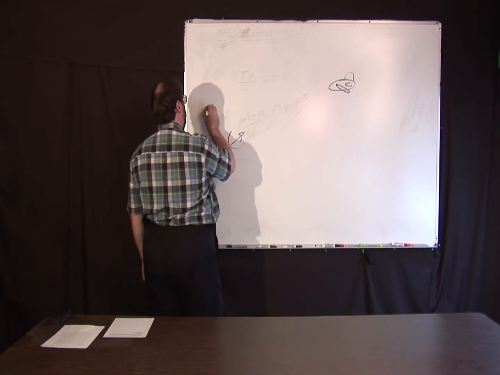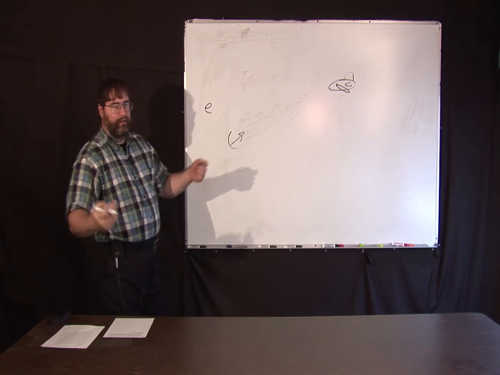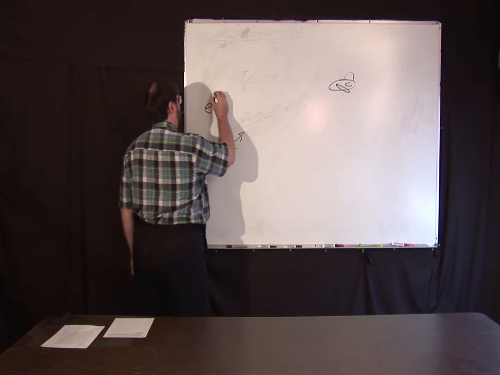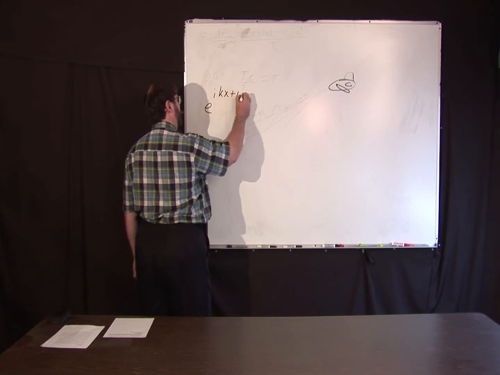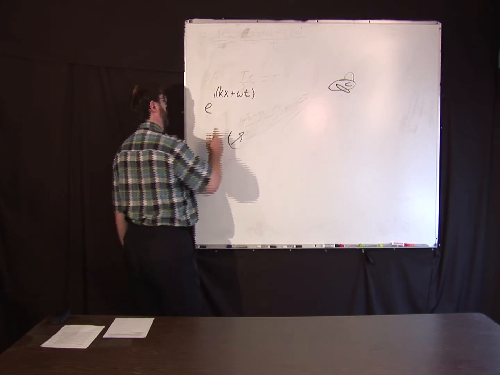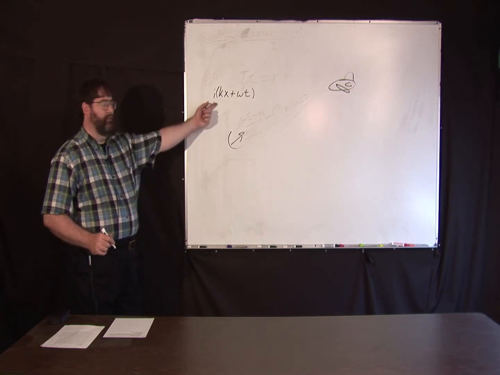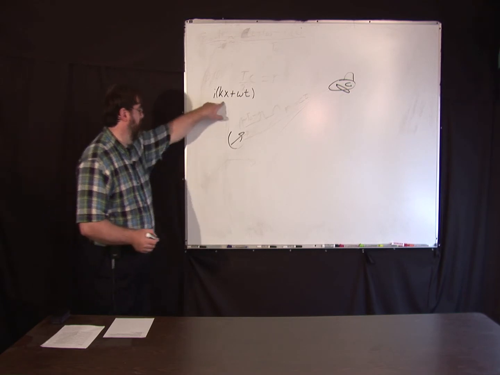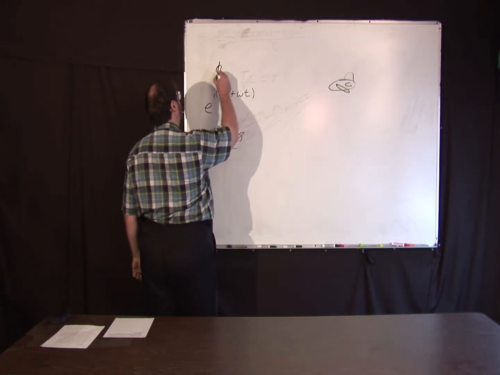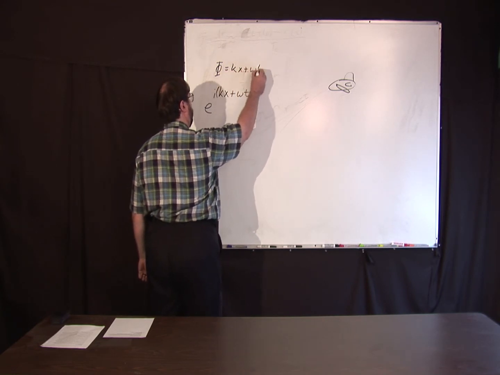Let's say it's pointing right at the airplane, so we don't have to worry about coordinates. A plane wave looks like e to the i(kx plus omega t). We've seen this before, wave phenomena. Its phase is kx plus omega t.